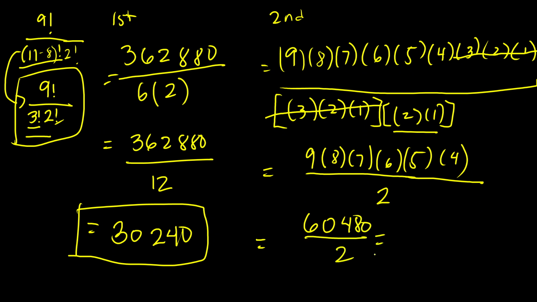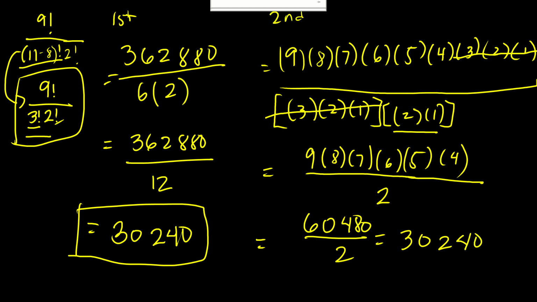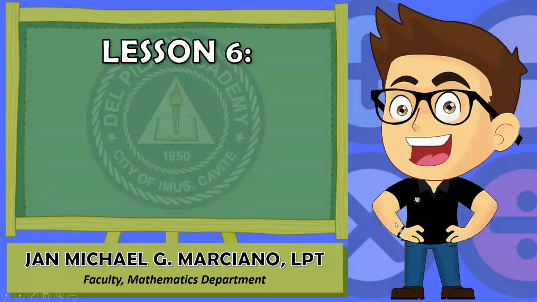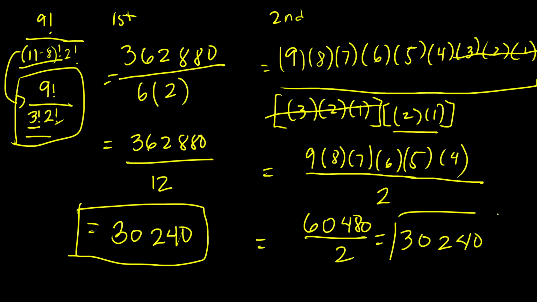So 60,480 divided by 2 still is equal to 30,240. So we still have the same answer, either first or yung second method ang gamitin.